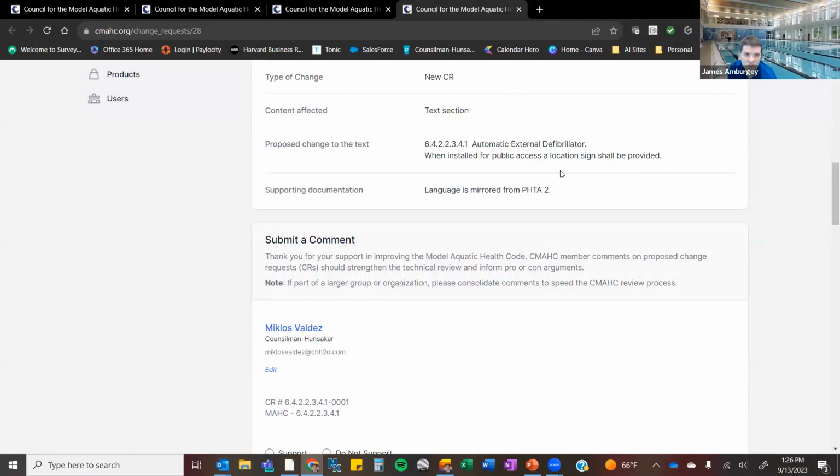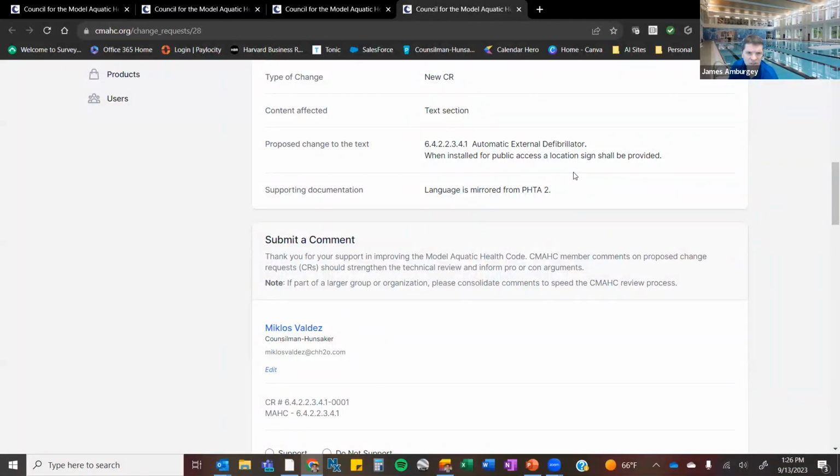And we have a bigger problem here. This section of the code is about a poster for pools that don't require lifeguards, having CPR posters up. So this is a total change from the original version of the code. This is in the signage section, under a heading called posters, and it's talking about a CPR poster showing how to do CPR if there's no lifeguard around.